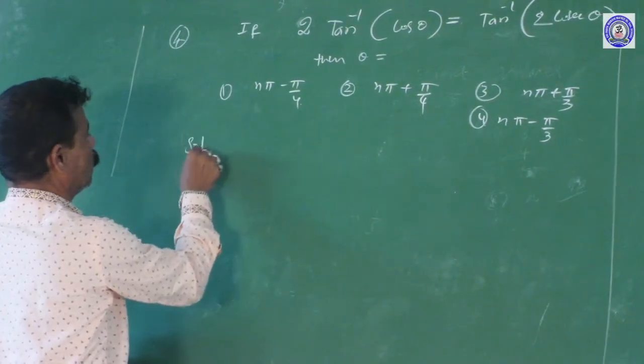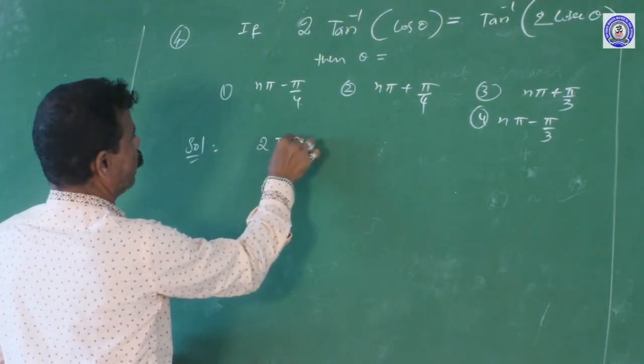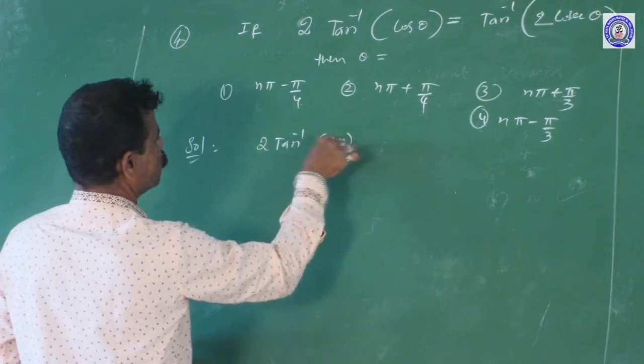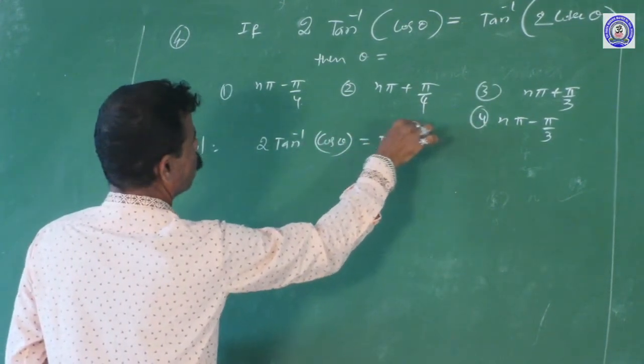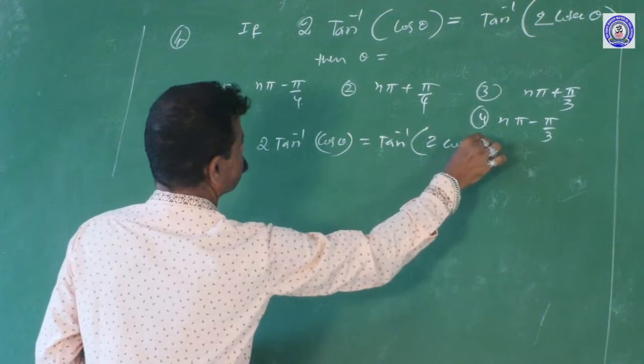Next, 2 tan inverse of cos theta is equal to tan inverse of 2 cosec theta, given.